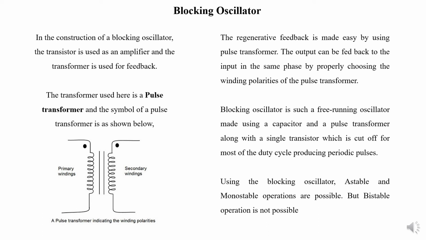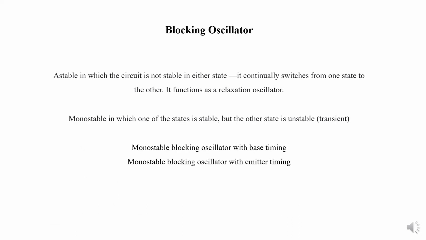Using a blocking oscillator, astable and monostable operations are possible, but bistable operation is not applicable to this blocking oscillator. In the next video, we'll see in detail the monostable blocking oscillator with base timing and emitter timing.